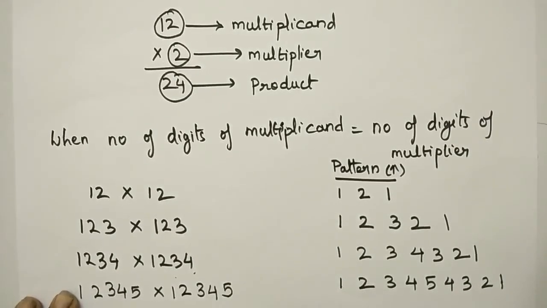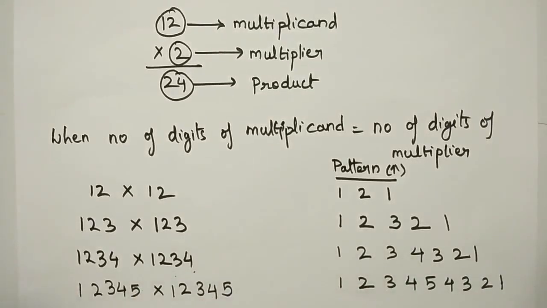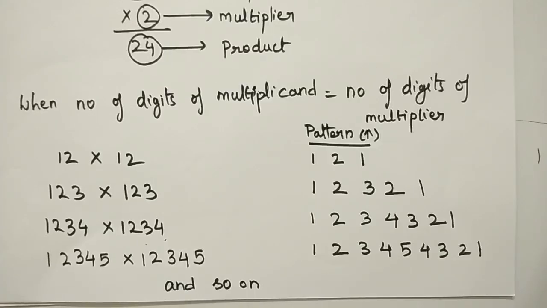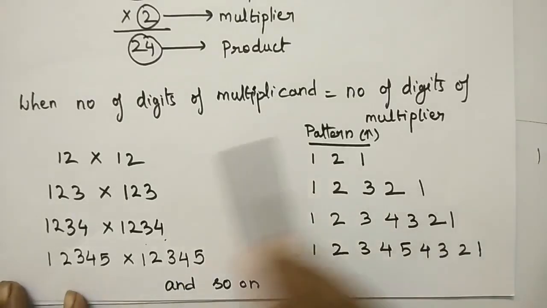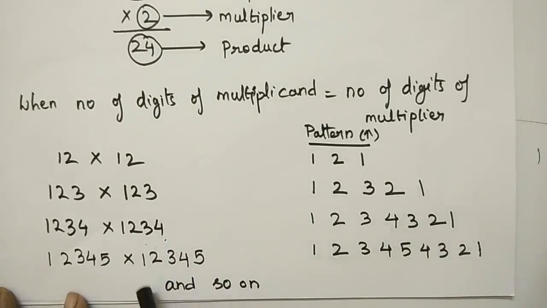Okay. First observe the pattern and remember how the pattern of the arrow will be. If the multiplicand and the multiplier are given with the same number of digits, depending on the number of digits, you have to write the pattern first. Pattern in the form of numbers first. Okay? We have studied the number of digits of multiplicand equal to number of digits of multiplier. The pattern will be as shown here. Okay? You have to remember this pattern.